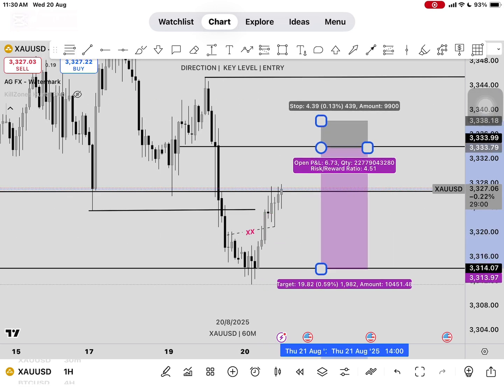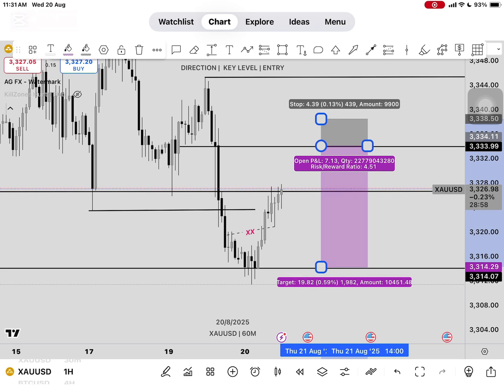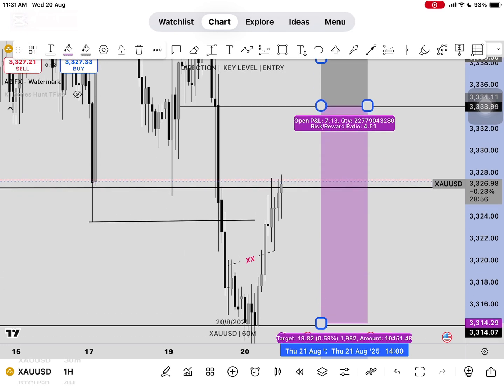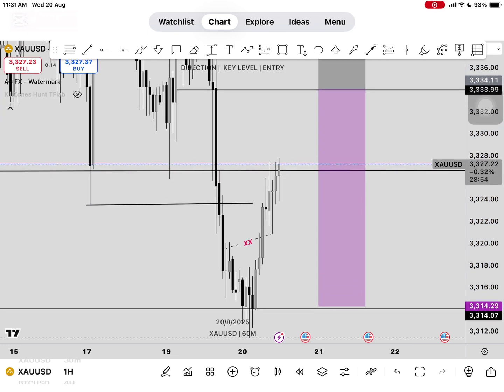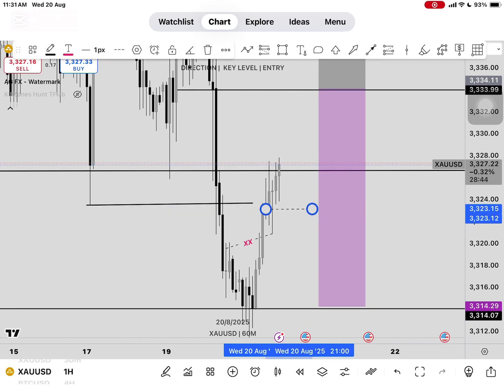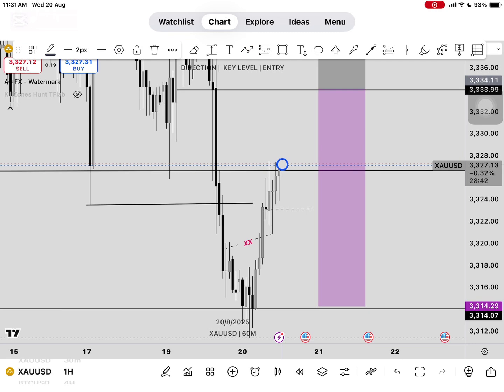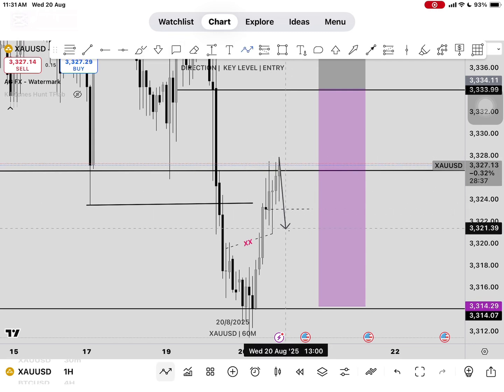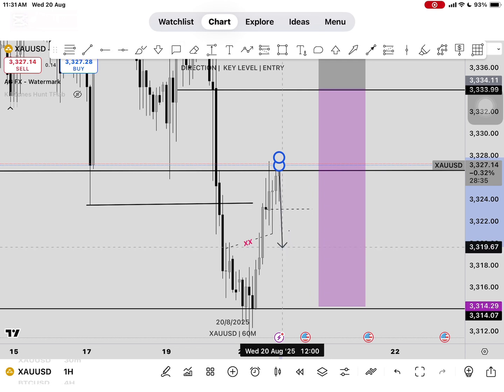Also, we have fundamentals today, so fundamentals can push price to the upside, and then we have a sell to the downside. So this zone down here is not trusted, and I'll wait patiently for more confirmation on that zone. If price takes out this low and closes below, then I'll look for sells to the downside.